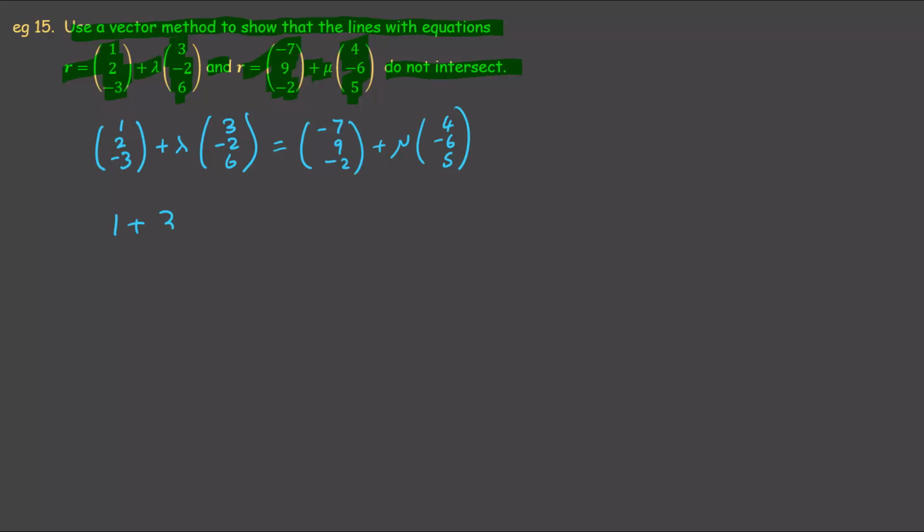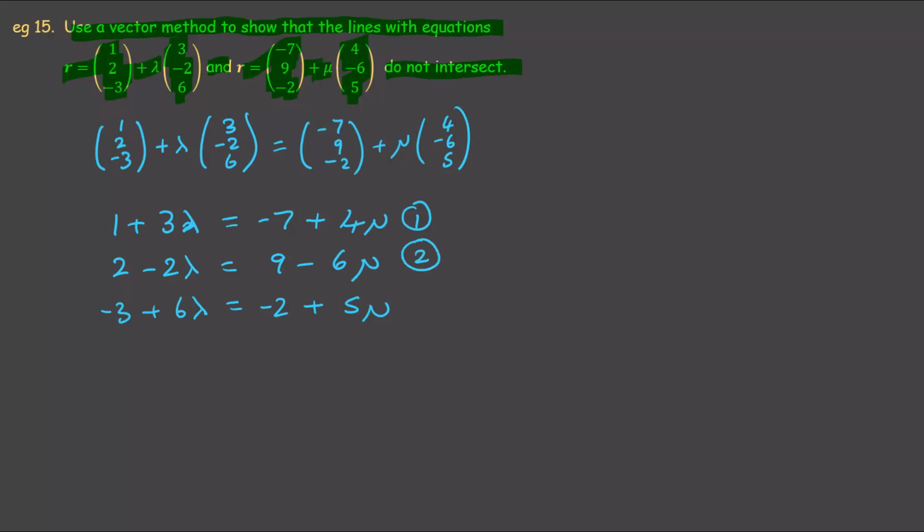So 1 + 3λ, just using the i components, would be equal to -7 + 4μ. 2 - 2λ would be equal to 9 - 6μ. And -3 + 6λ is equal to -2 + 5μ. Equations 1, 2, and 3.